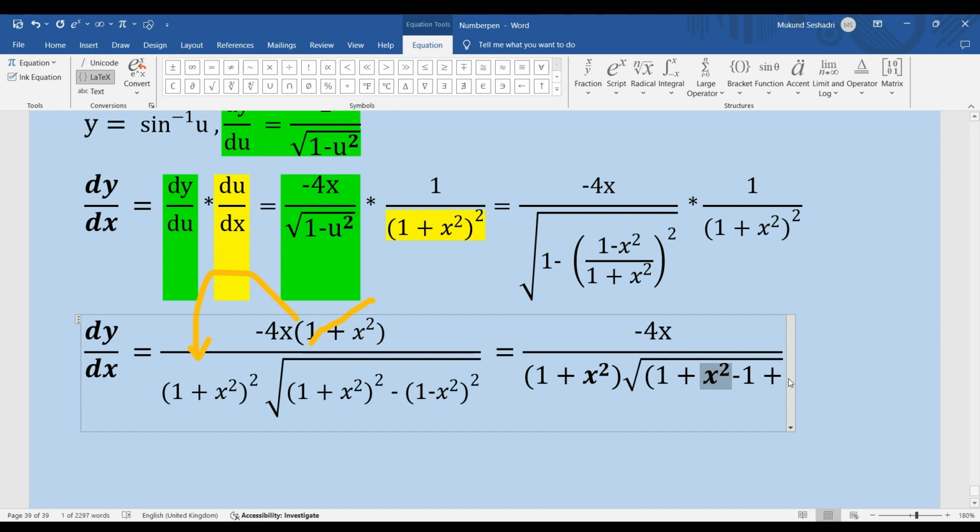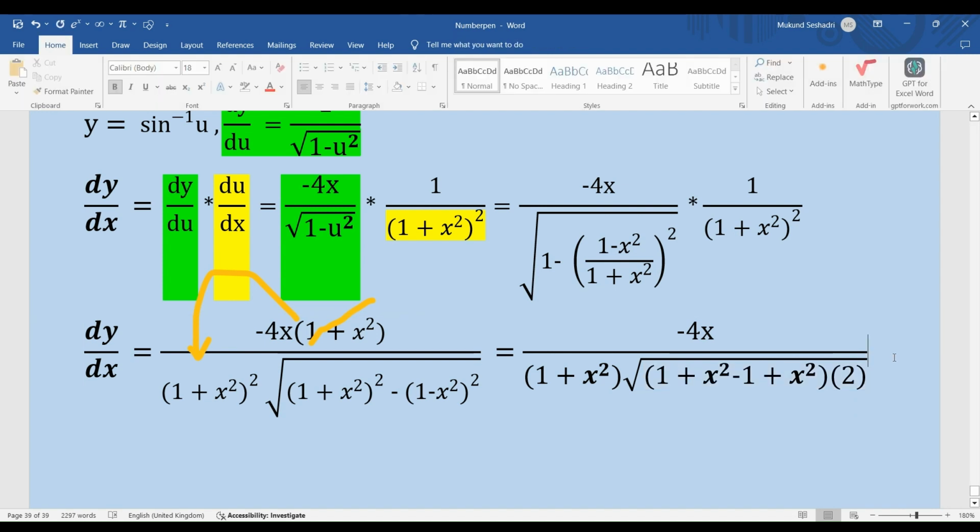So this is my one part of the expression, which is my a minus b. And then my a plus b becomes 1 plus x square plus 1 minus x square, which becomes a 2, right? So this is what I have. And so I go to the next step.